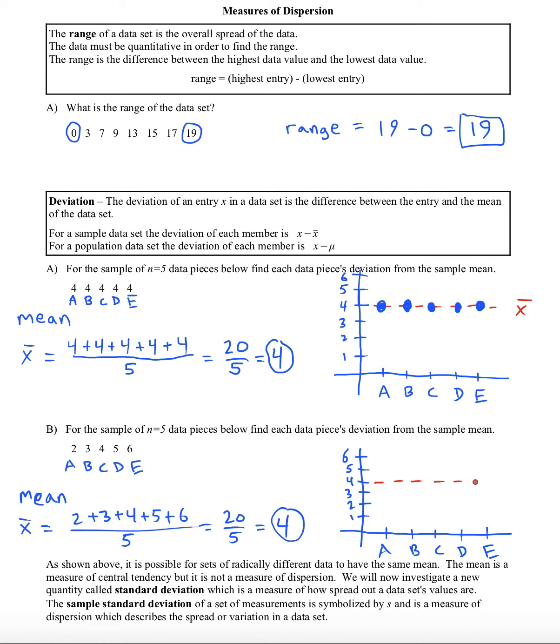The mean was 4, same as above. Now we let the heights of the dots that we're about to draw equal the value of the samples here. So A has a value of 2, so I have to go up to here. B has a value of 3. C had a value of 4. D has a value of 5. And E's value is 6.